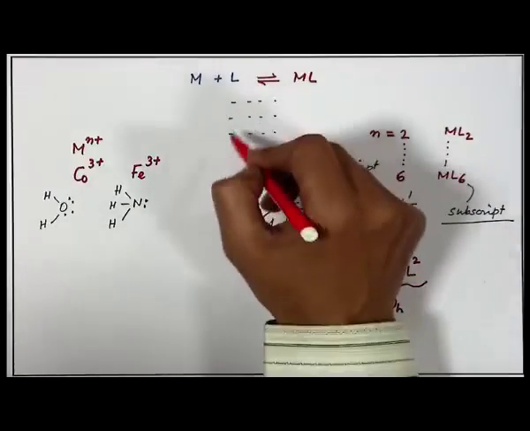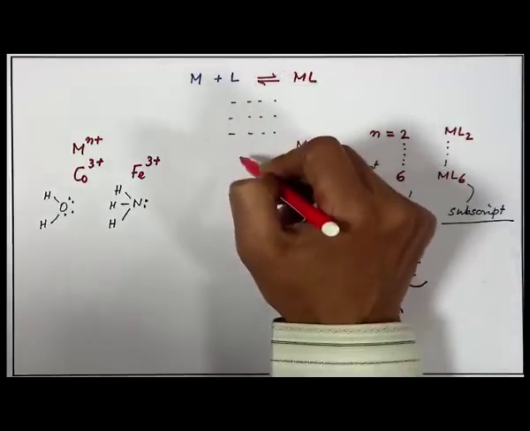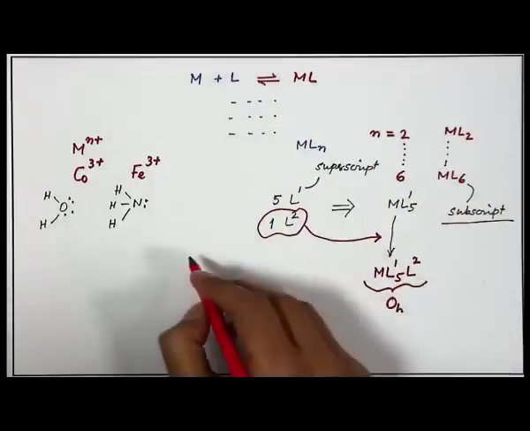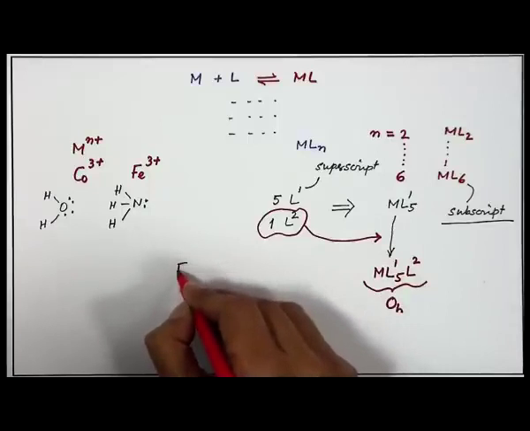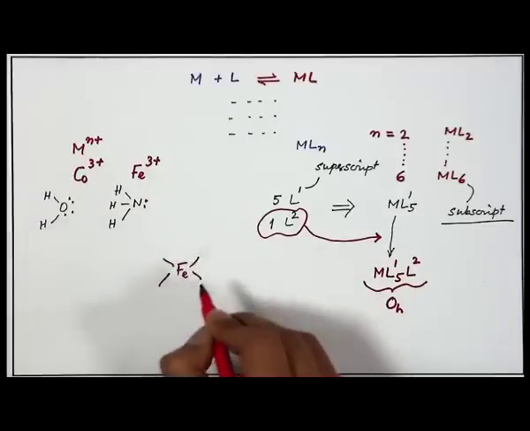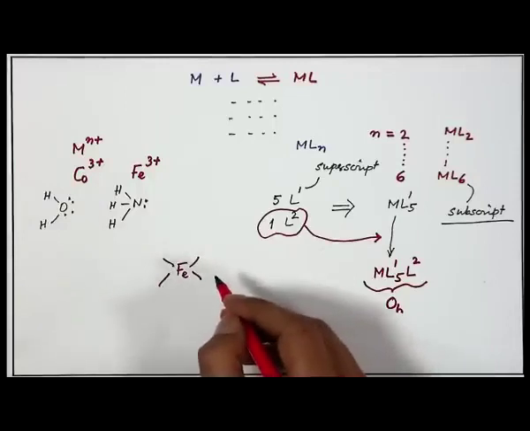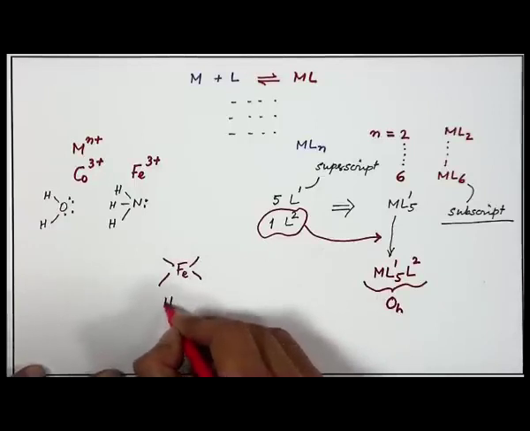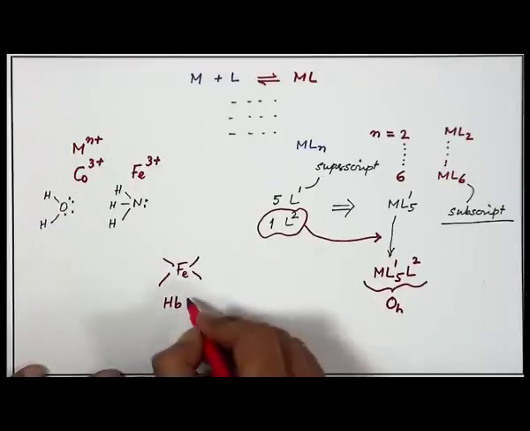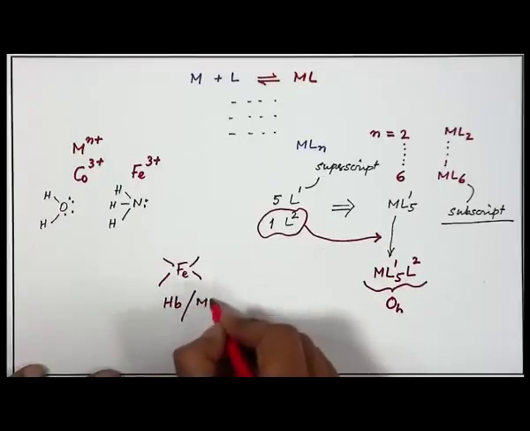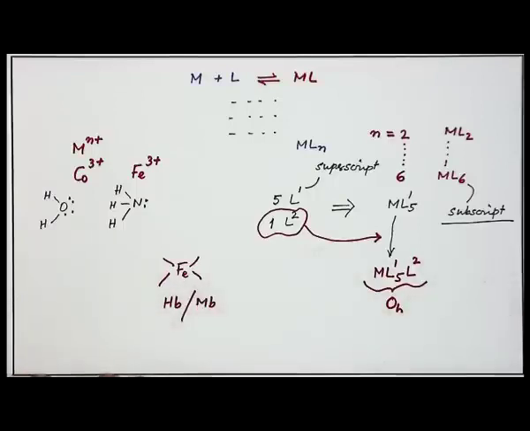All these coordination equilibria are very important to study, because in our blood, and this is a very simple example, we have the typical application of coordination compounds in our life processes, which is our hemoglobin, we call it Hb, and some other species is also available which we call myoglobin.